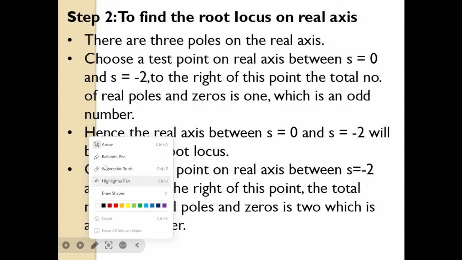There must be a breakaway point somewhere between P1 and P2, from where the root locus will break, and one root locus will meet the zero at infinity, and another root locus will meet the zero at infinity. The root locus from P3 will meet the zero at infinity on this real axis. Just note it down.